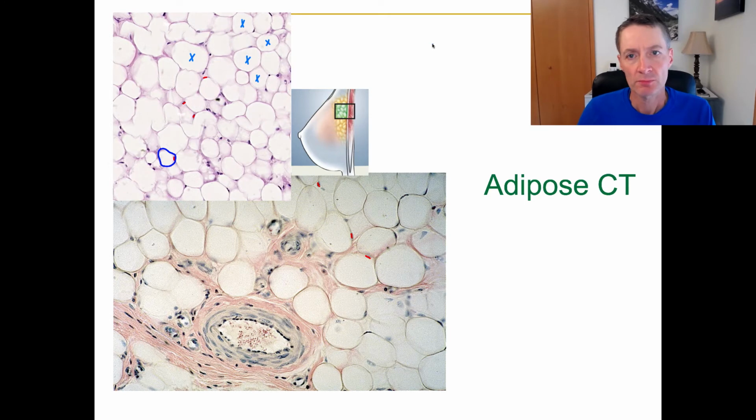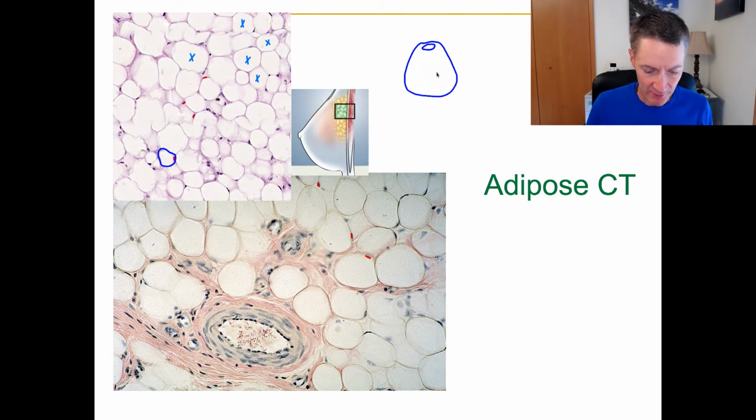So imagine a nucleus, and then you've got this big cell like this. And then inside of that cell, we have a big fat vacuole, a big membranous compartment that's filled with fat.